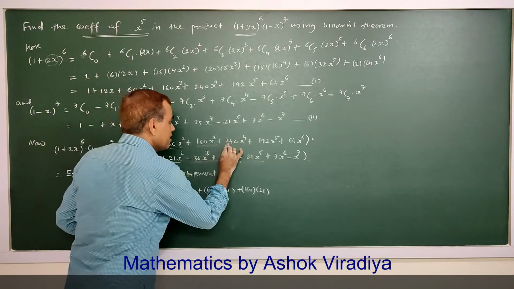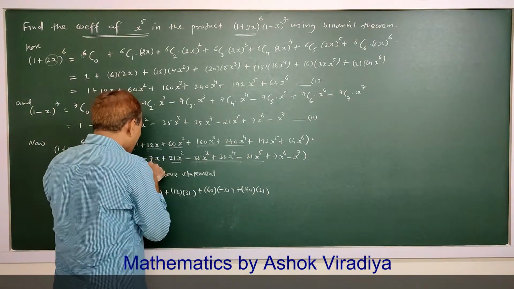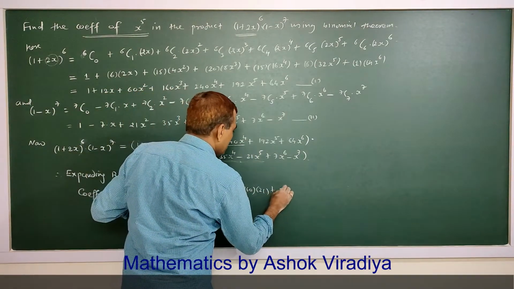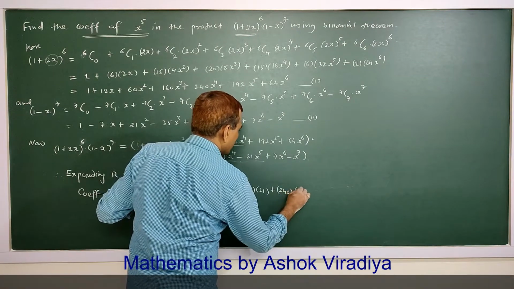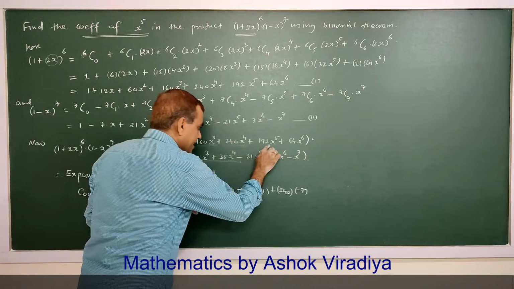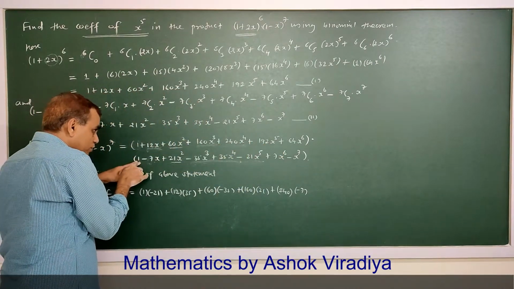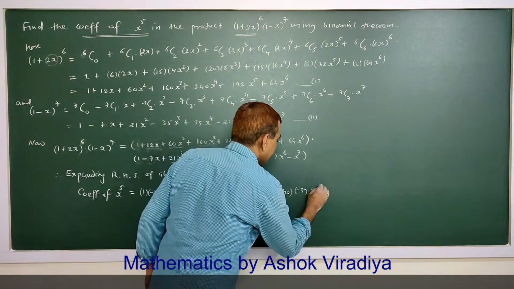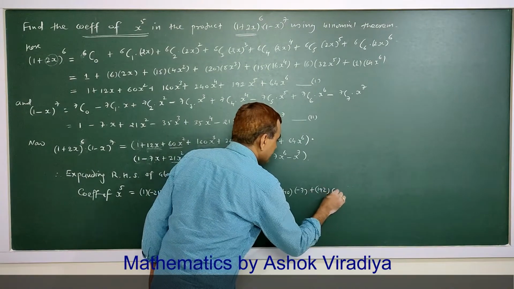Then next 240 into minus 7. Then next 192 times x raised to 5 into 1, so 192 into 1.